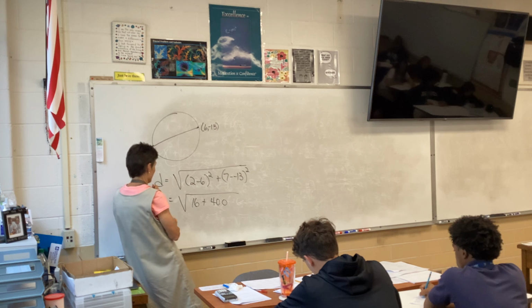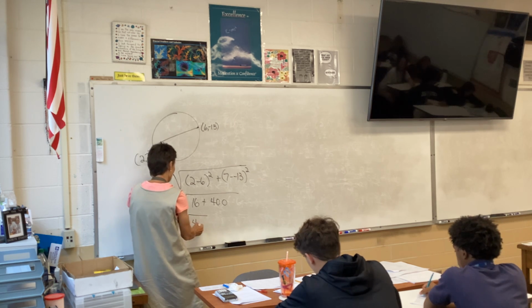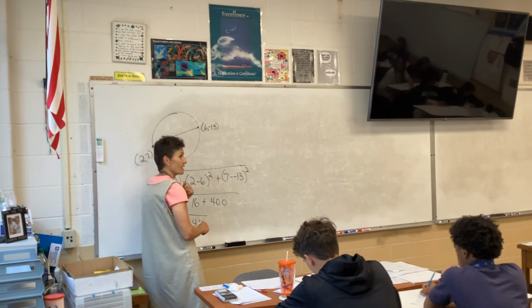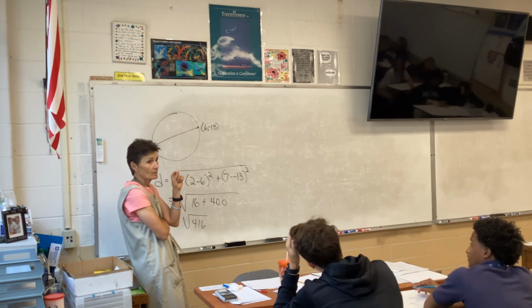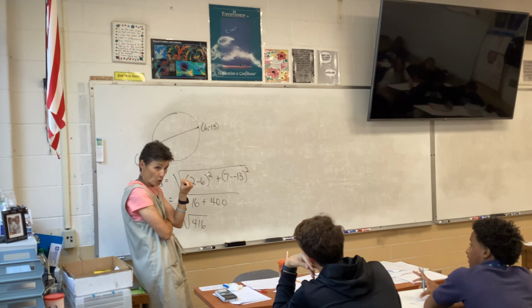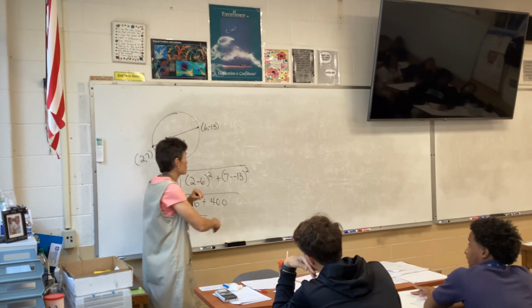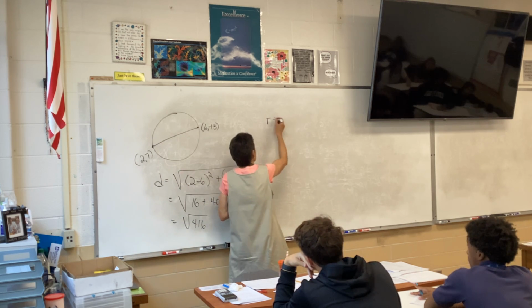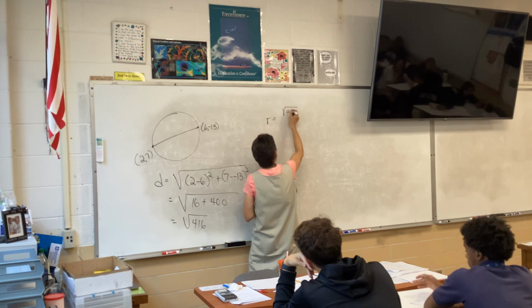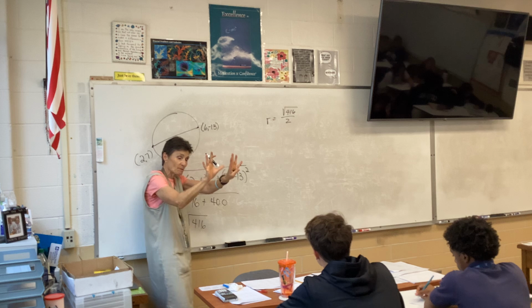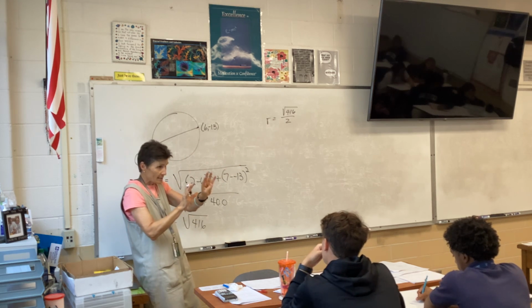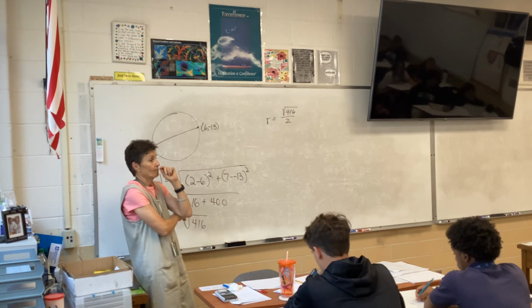So I got the square root of 416, I'm just going to leave that for a second. That is my diameter. So my radius will be the square root of 416 divided by 2. Now wait, I know that simplifies, but just hang on. So far so good?